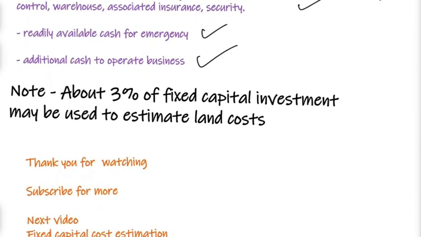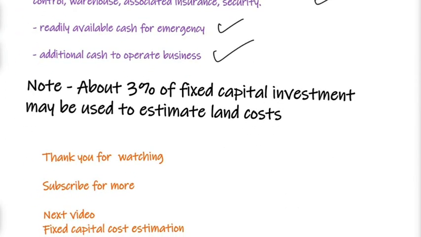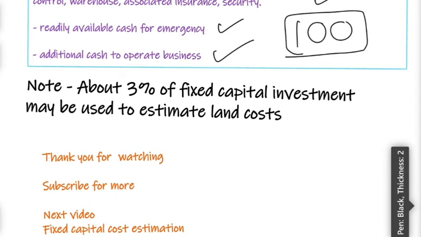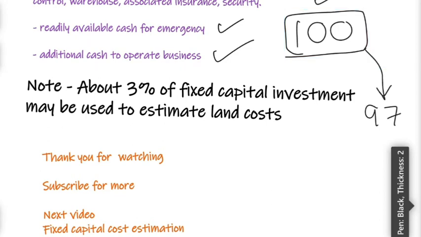Now we have the land investment, or land cost. Suppose we have a company and we require 100 rupees to start it. Out of this 100 rupees, 97 rupees are used for purchasing equipment, buildings, and bringing the facility into operation, means all the things.